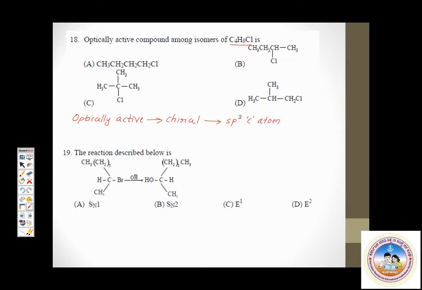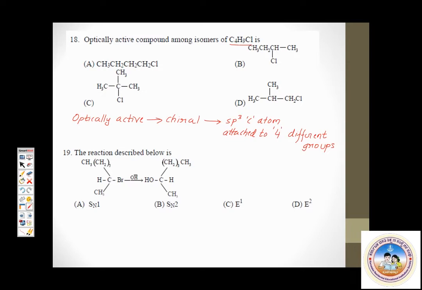We'll check it out one by one. First one, option A. There are many sp3 hybridized carbon atoms, but none of them is attached to 4 different groups: CH2, CH2, and CH3. See, a CH2 carbon can never act as a chiral center. In any compound, a CH2 group can never act as a chiral center.